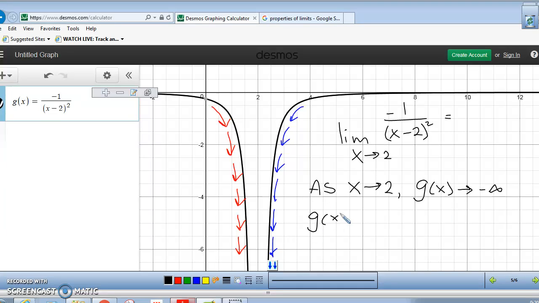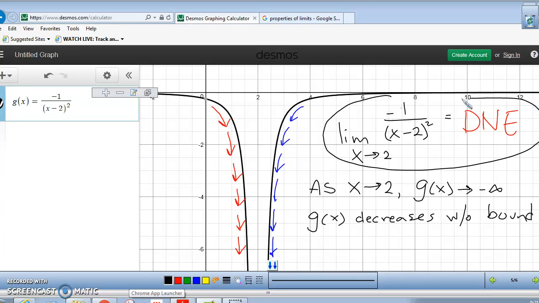So g of x decreases without bound. And once again, we say that the limit does not exist.